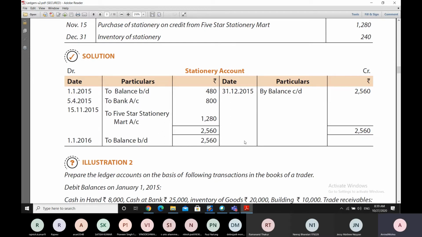That is how we are preparing a stationery account here, and the balance carried down of the stationery account is showing us that at the end of the year, this is the debit balance of the stationery account.